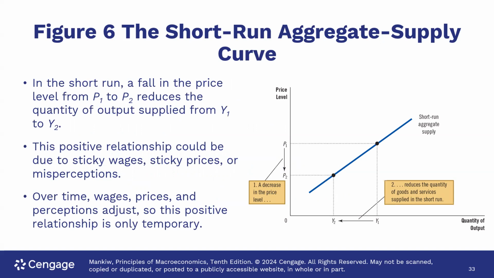So in the short run, a fall in the price level from P1 to P2 will reduce the quantity of output supplied from Y1 to Y2. So this positive relationship could be due to all those three reasons. Over time, wages, prices, and perceptions adjust, so this positive relationship is only temporary.